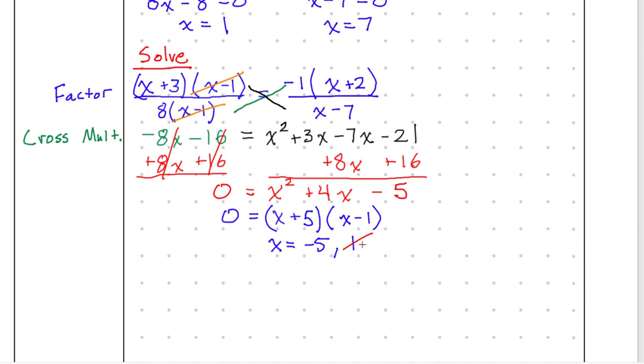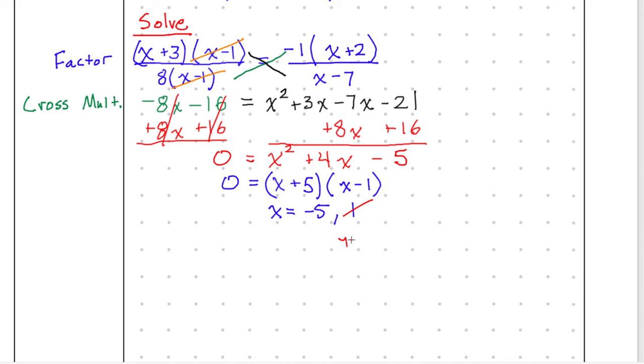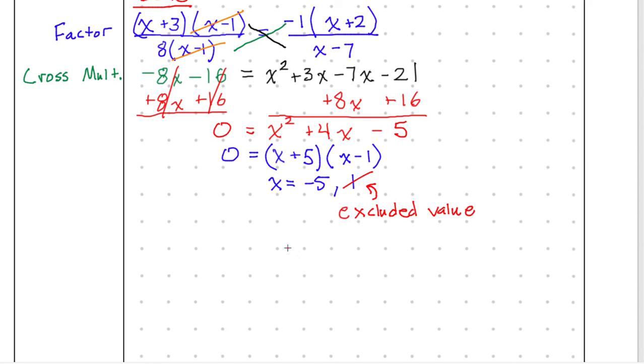Cross it out. And therefore, Chris, our final answer is x is only equal to negative 5. And box it.